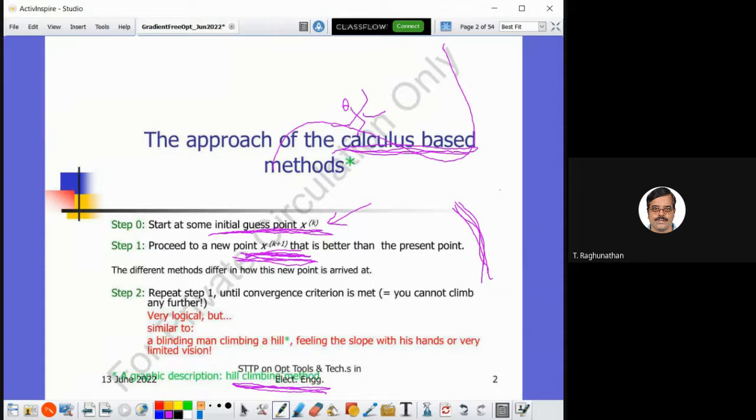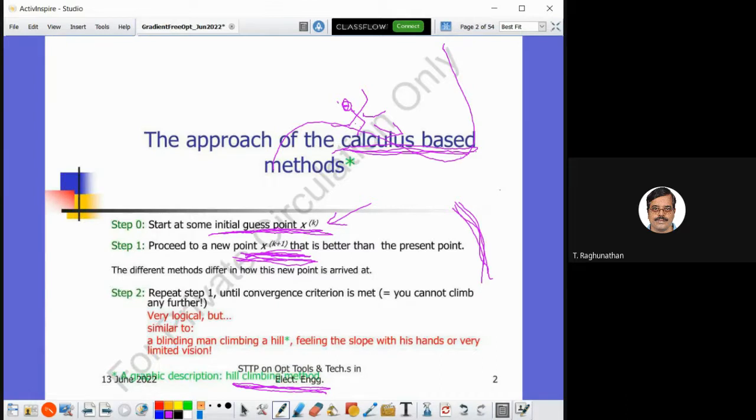He is a blind man. He cannot see the valley directly. All that he'll do standing here is feel the slope in all directions and then move in the direction of maximum decrease of slope.